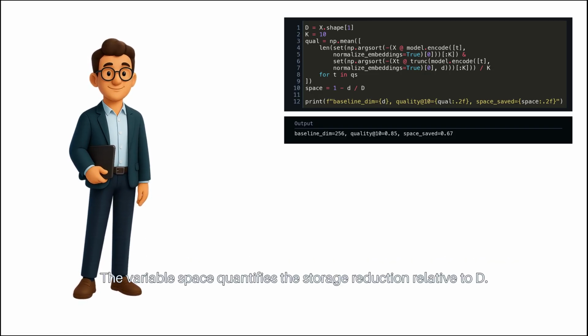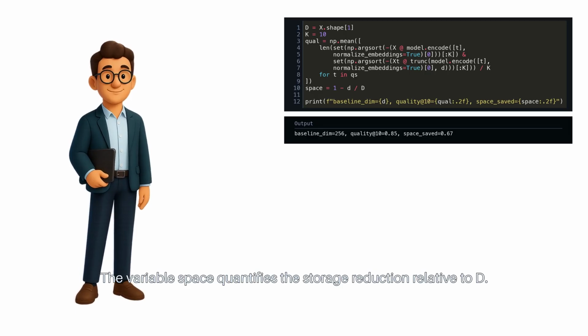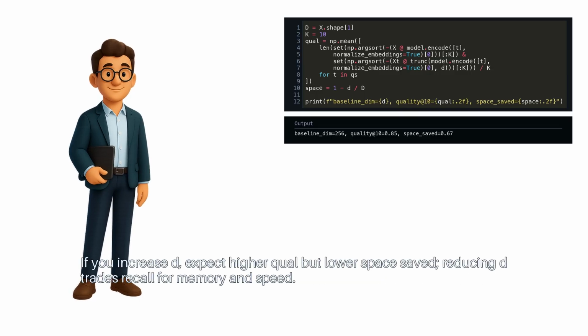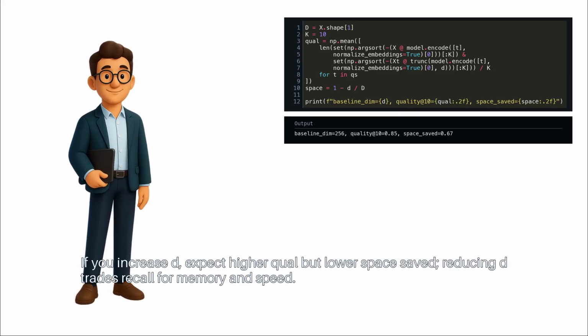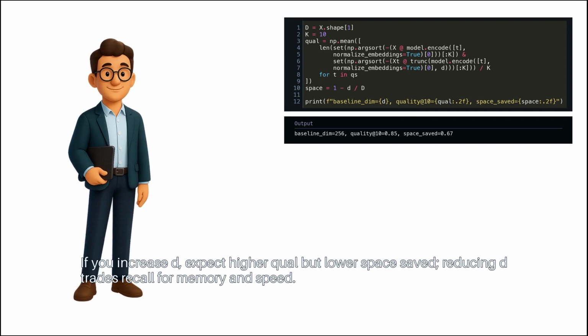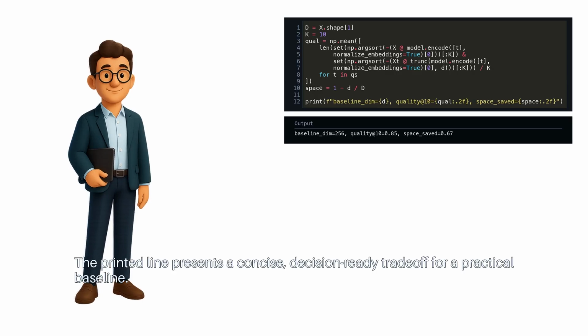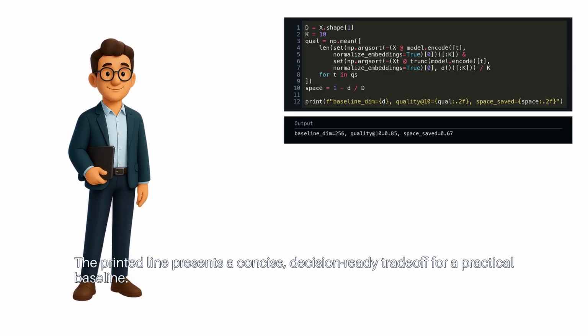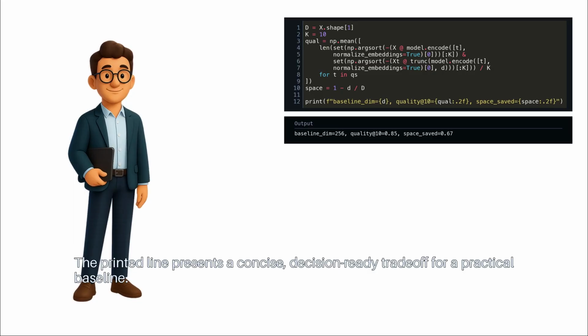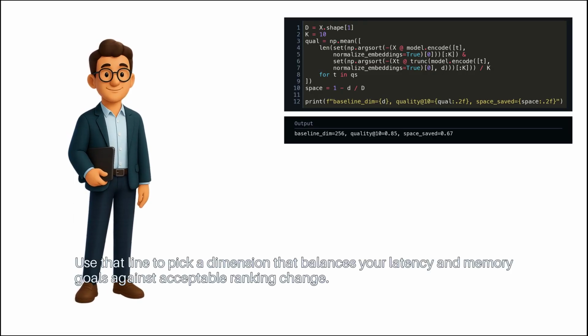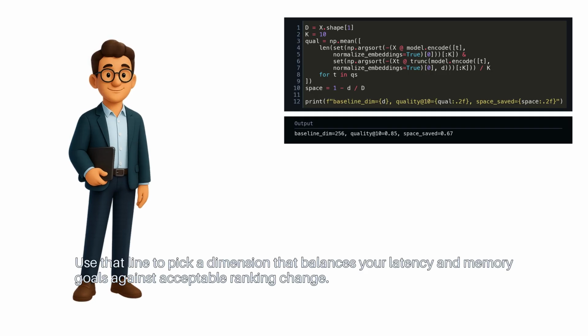The variable space quantifies the storage reduction relative to D. If you increase d, expect higher qual but lower space saved. Reducing d trades recall for memory and speed. The printed line presents a concise, decision-ready trade-off for a practical baseline. Use that line to pick a dimension that balances your latency and memory goals against acceptable ranking change.